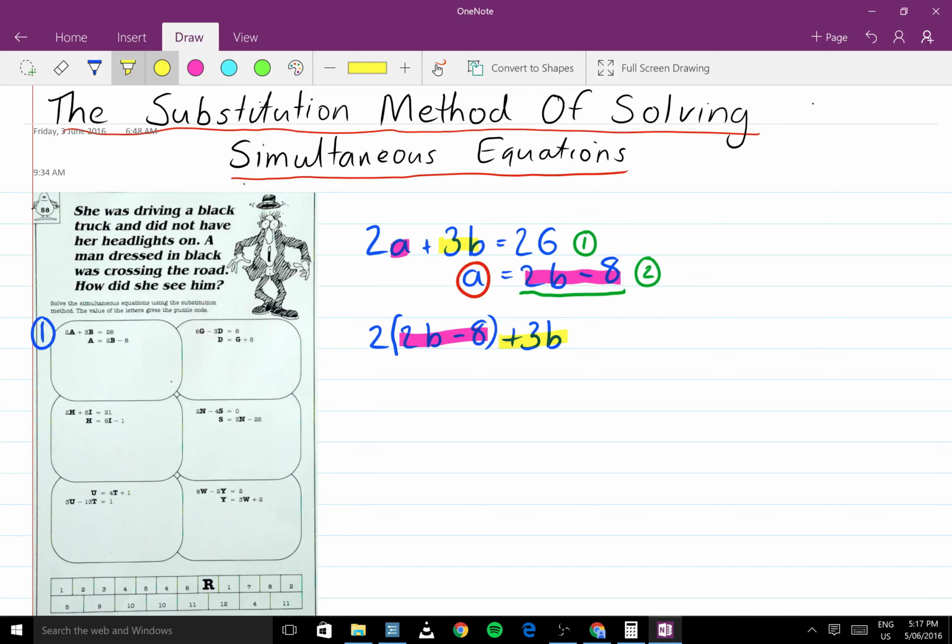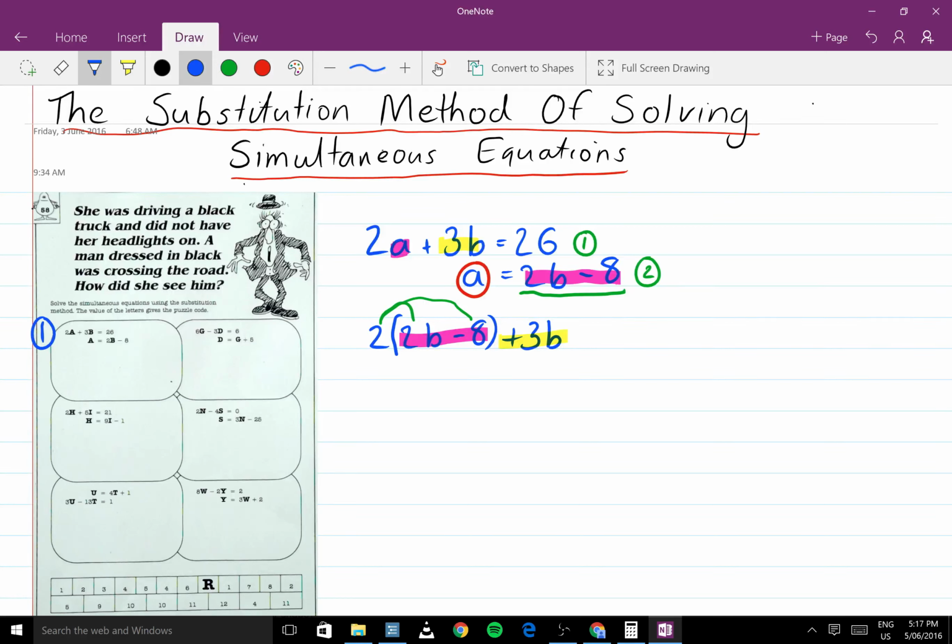Okay, so now I've got that, I do my expanding the brackets. So 2 times 2b, 2 times 8. Okay, and if you want to know why that works, you can see my expanding the brackets video.